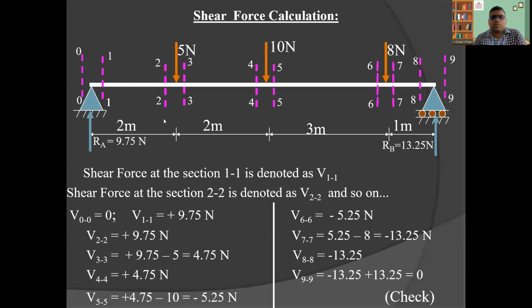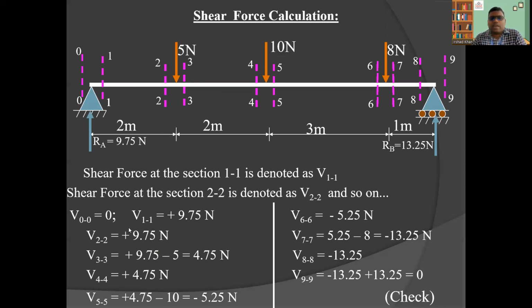Coming to the second section, 2-2, V 2-2 is the same, because there is no load between the first and second sections, so it will be the same, plus 9.75 Newton. Coming to the third one, the 5 Newton load is also a new load, so it has to be considered.